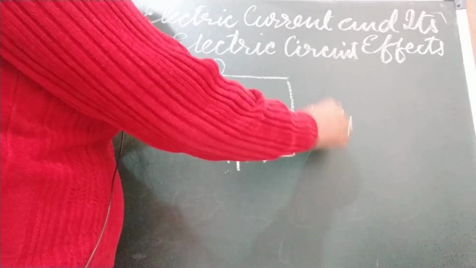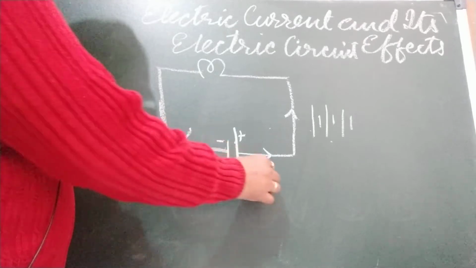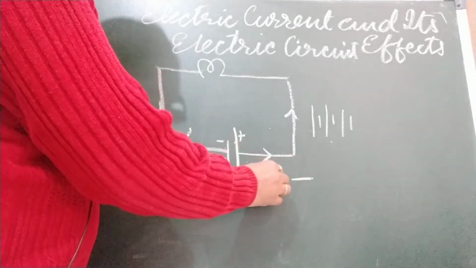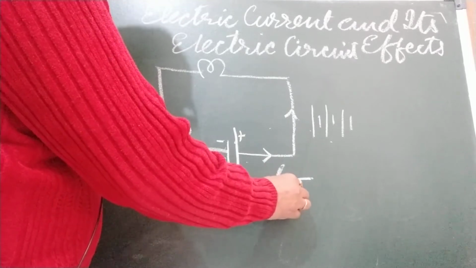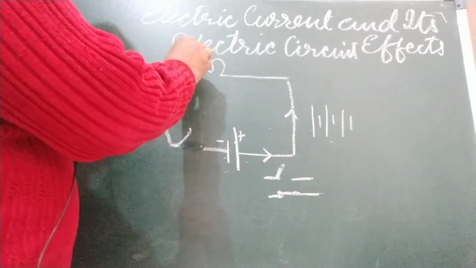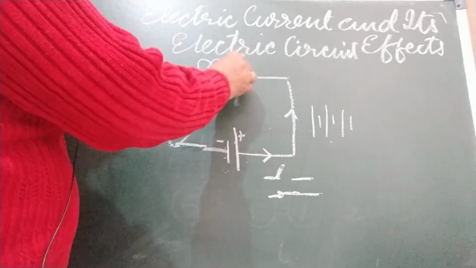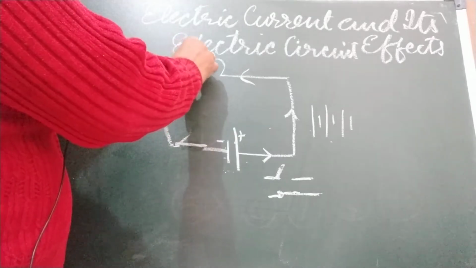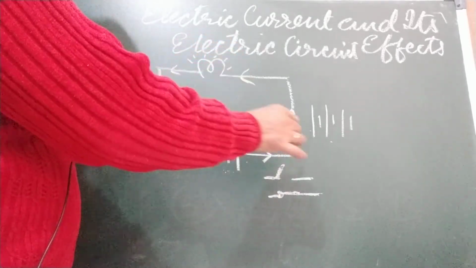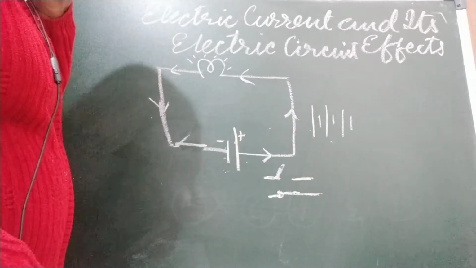This is the symbol of battery, this is the symbol of cell, this is the symbol of switch, open switch, and this is the symbol of closed switch. This is a bulb. When the switch is on, current is moving and the bulb is glowing. So these are the elements of the circuit.